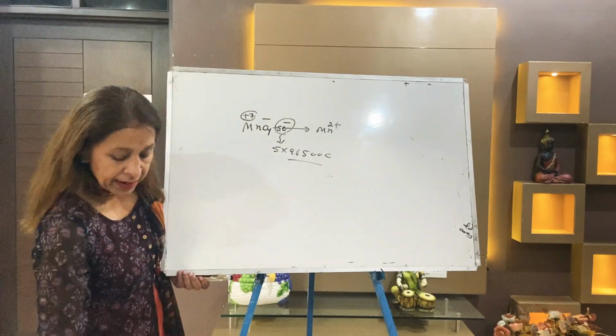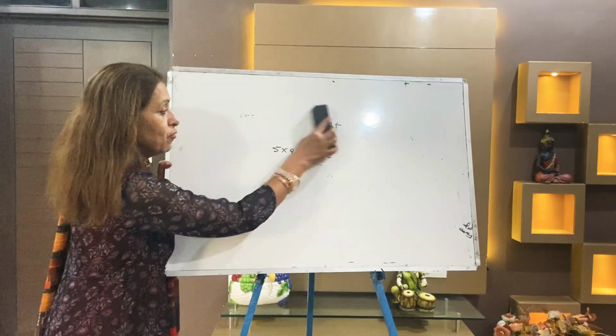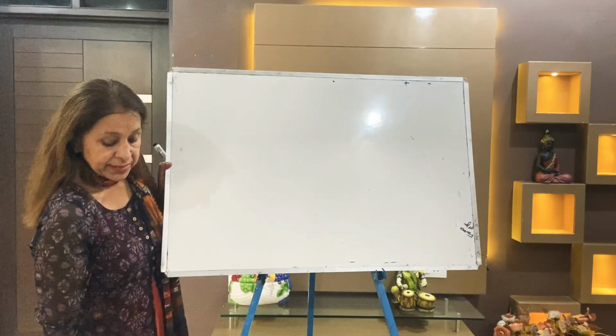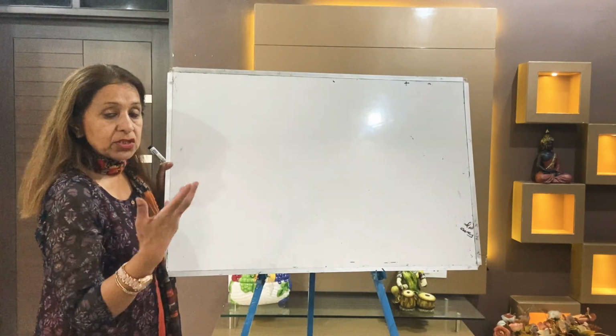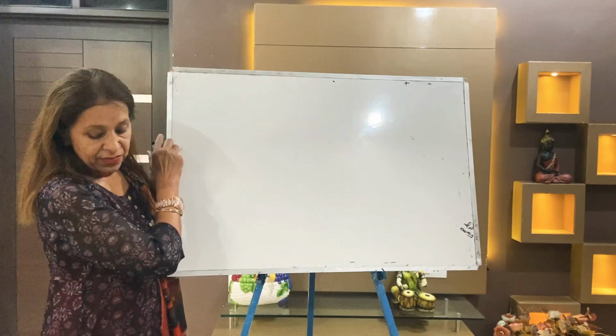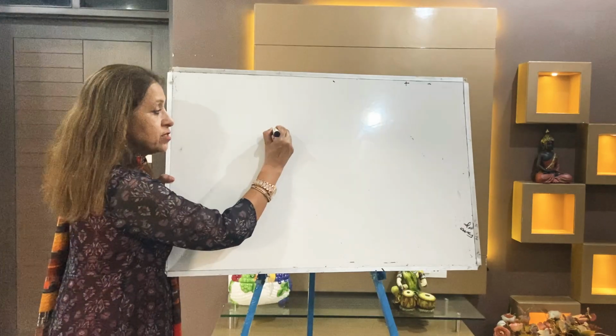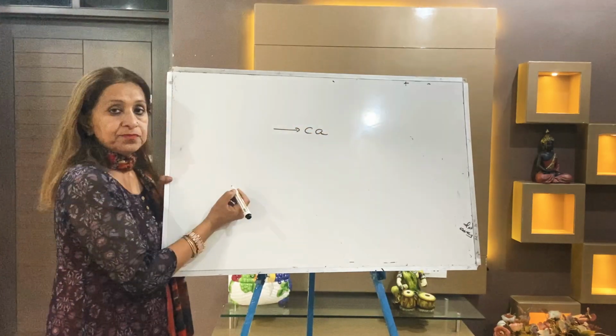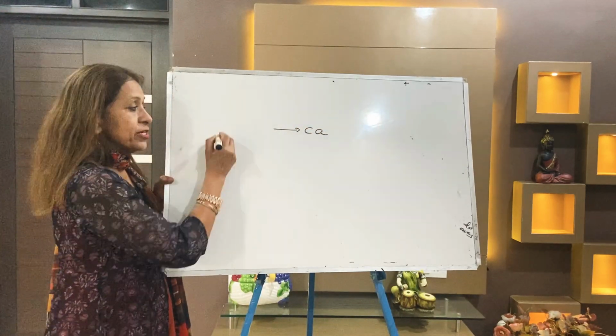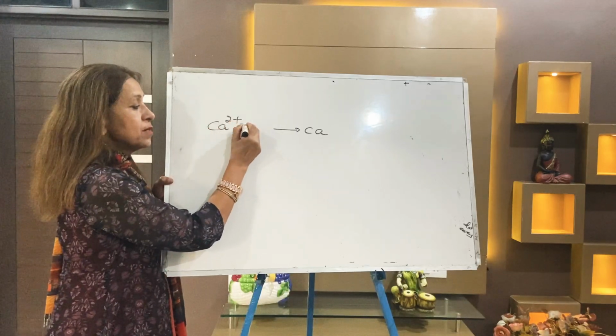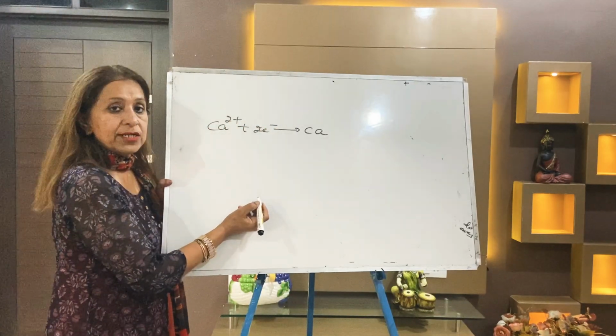Now I am taking your numerical number 13. One part I am taking: how much electricity is required for 20 gram calcium. As it is calcium, always write the equation first. Calcium 2 plus plus 2 electron gives calcium metal.